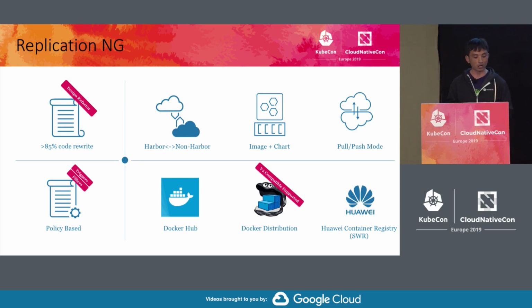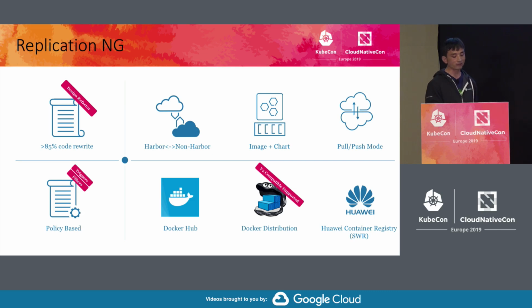Because the overall design of the replication is totally refactored, and more than 85% of the code is rewritten. Through this refactoring, we now have a very flexible, powerful, and stable framework to support some new features.